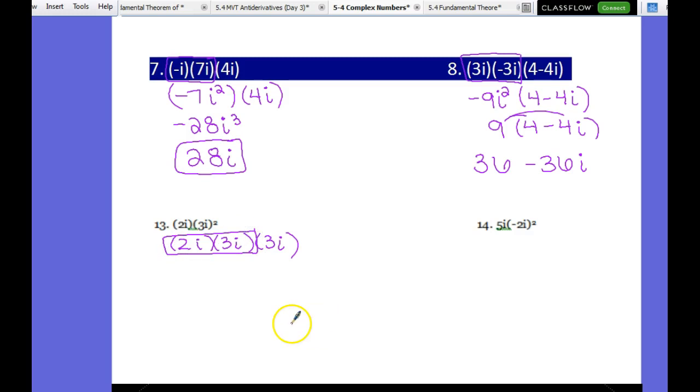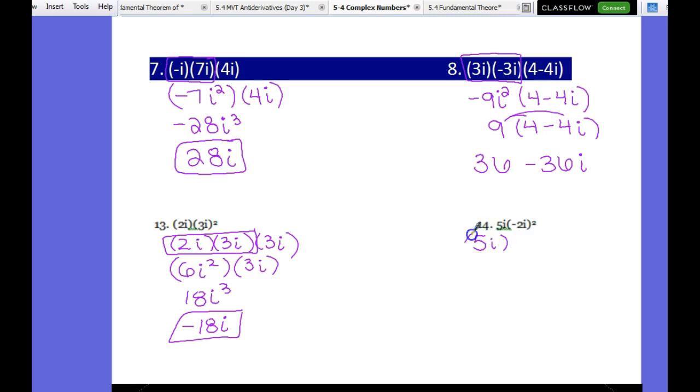If you had grouped these two together first, you got 6i squared, then times your 3, giving you 18i cubed. Or if you did 3 times 3, you got 9. 9 times 2 also got you to 18i cubed. But we know i cubed becomes negative i, so this is negative 18i. And again, you could have turned it to a negative 6, and then a negative 18i. There are a lot of ways to get to one final answer. All our final answers need to be the same.